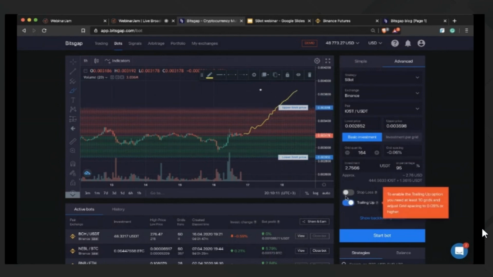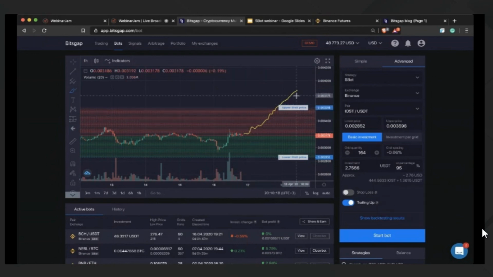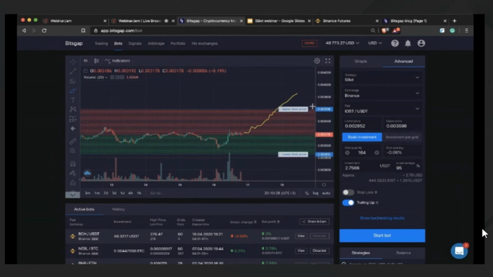But if you have the trading up function, as the price is moving upwards, so does your trading range. So in order to keep up with the price appreciation, you must have the trading up function on. Otherwise, if the current price is not within the trade range, your bot won't be trading anymore.